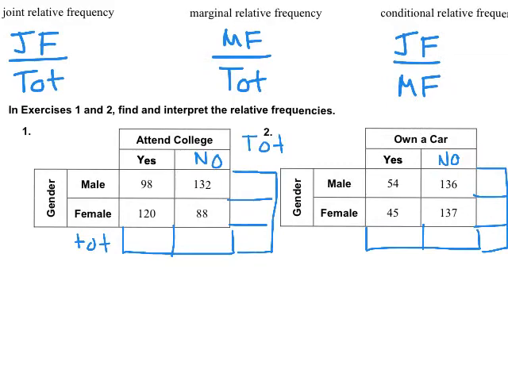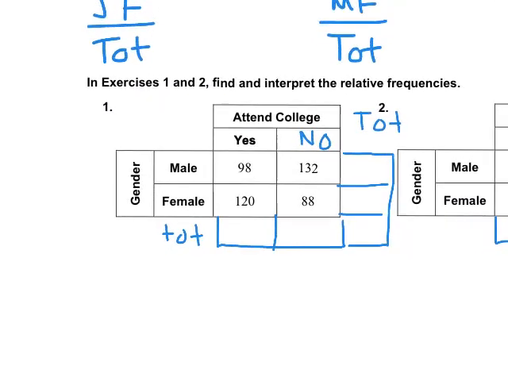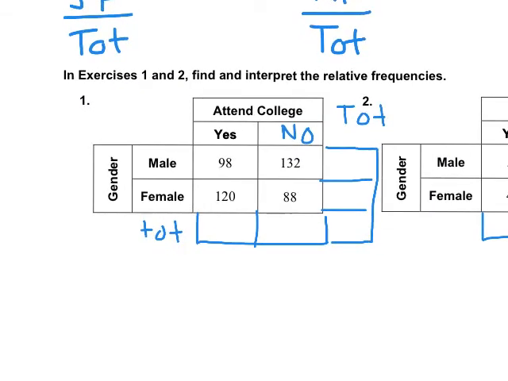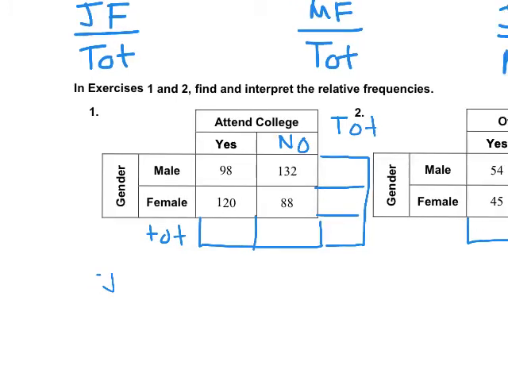So on number one, we want the joint relative frequency of females that attend college. So female college students.